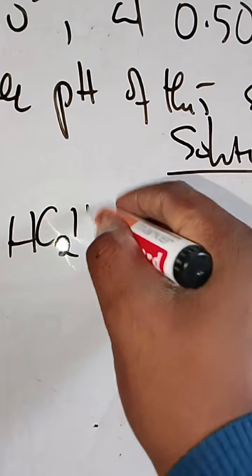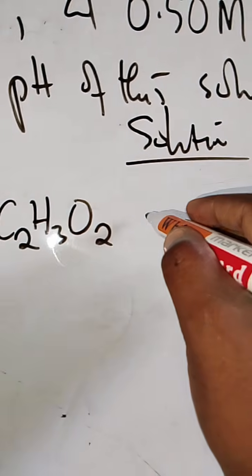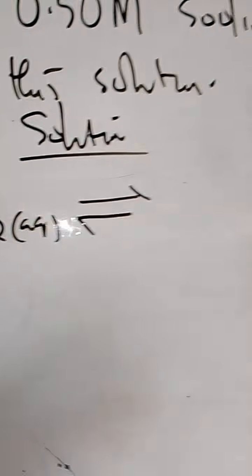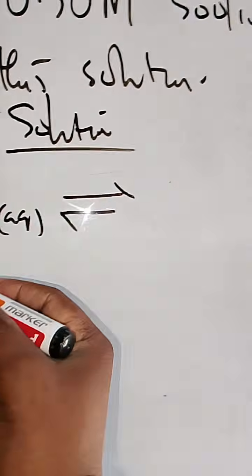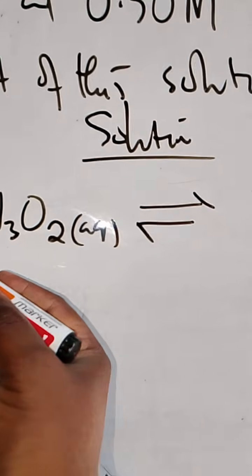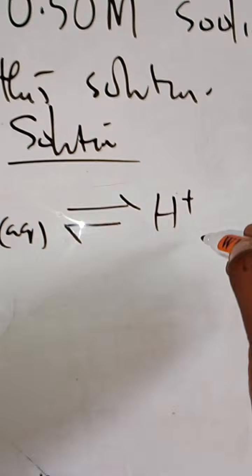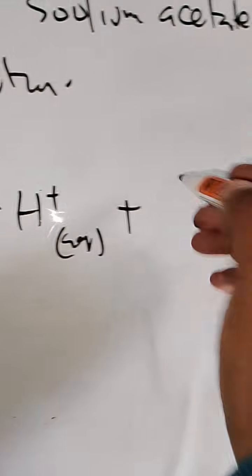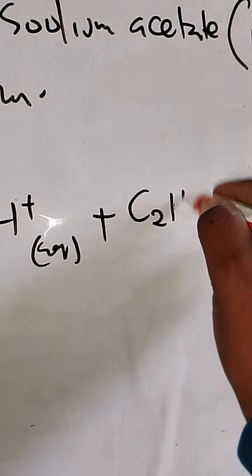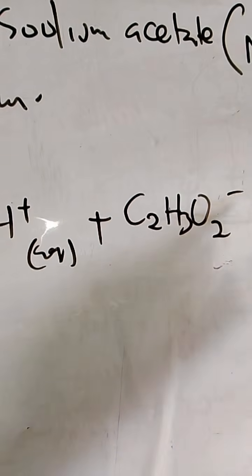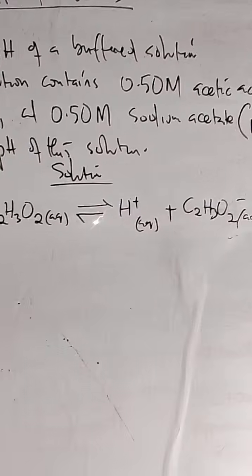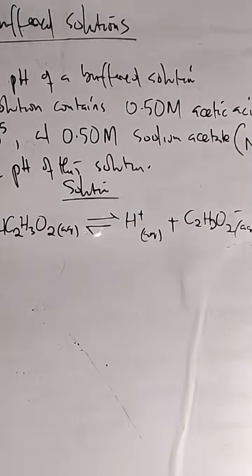So acetic acid aqueous would dissociate to form, so it will lose that hydrogen ion, plus we now have the conjugate base C2H3O2. Okay, so this is the dissociation equation.